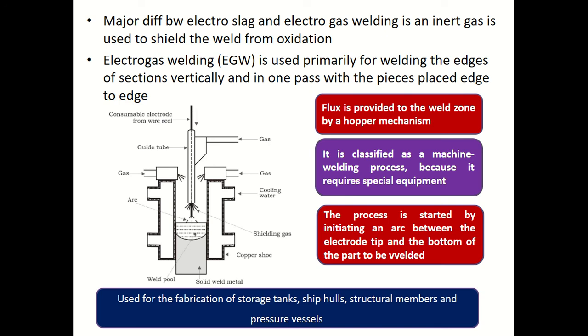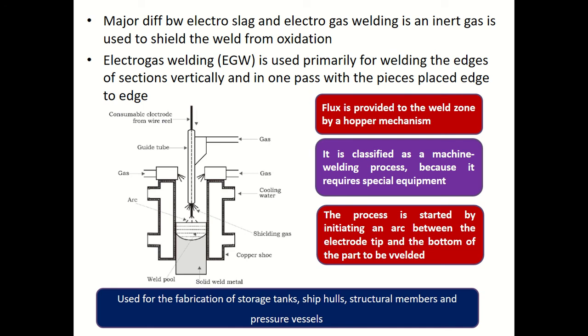Here again, there is a continuous arc, such as we used in submerged arc welding, to heat the weld pool, and as I mentioned earlier, the other parts remain the same.